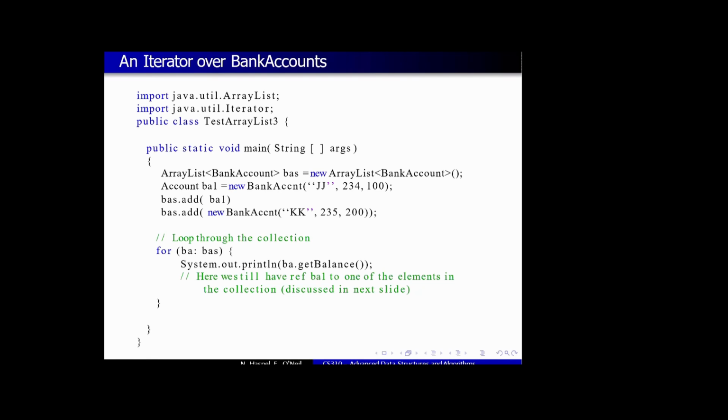So you can see, at least for a moment, if you look at an element object, it's going to have a reference from the collection, because it's part of the collection, and it's also going to have a reference from BA, which is part of the program. So there's going to be two references into the same object.